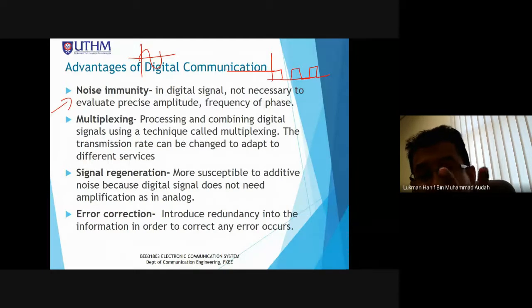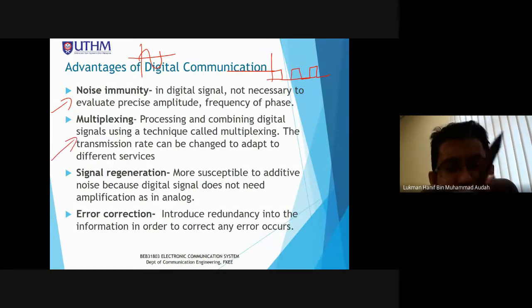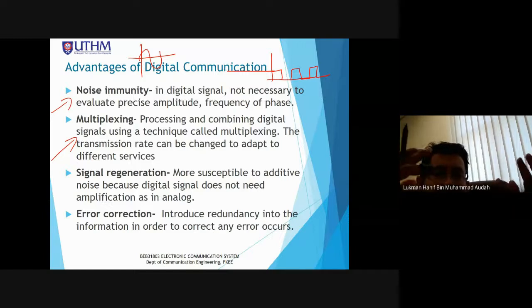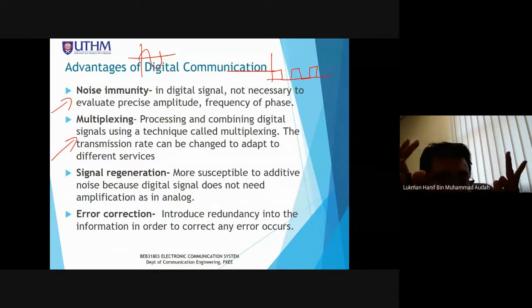So kita tak bermain dengan dia punya amplitude, fasa ataupun frekuensi. Kerana kita bermain dengan bit time. Berbeza. And then what? So since all signal or all data looks the same, which is logic 1 or logic 0 only, okay, semua bentuk data ataupun input itu diproses secara digital, maknanya kita ada dua kemungkinan sahaja, logik 1 atau logik kosong. Kalau semuanya seperti itu, maka kita nampak semua jenis input itu sama.